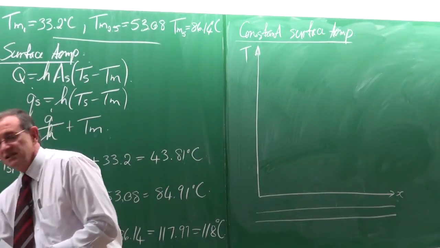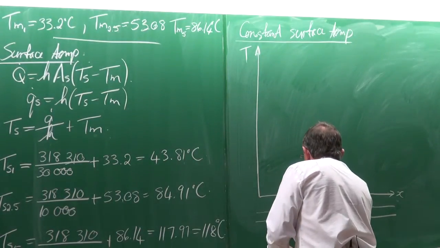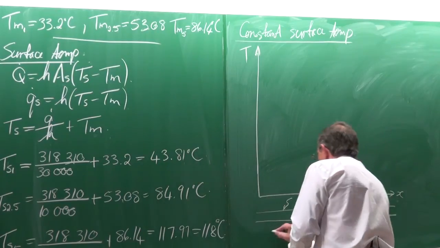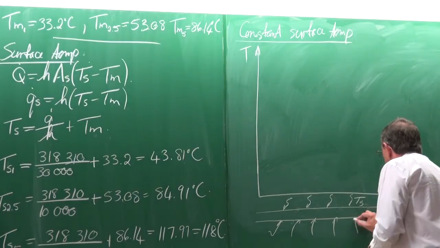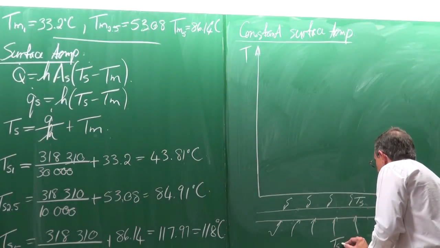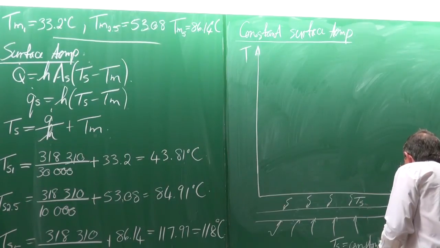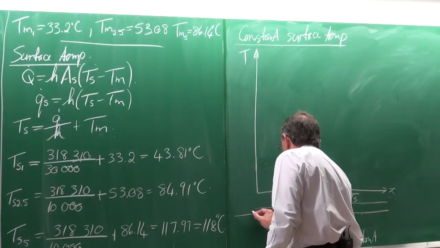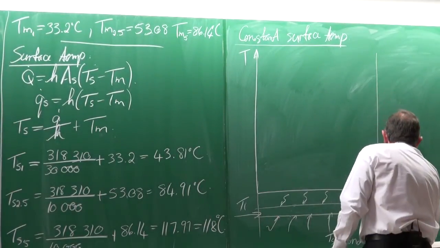In this case, we have the fluid, the tube surface temperature, Ts. Everywhere, if you measure it there, the surface temperature is equal to a constant value. Okay. And this is the inlet temperature there, and there's the outlet temperature.